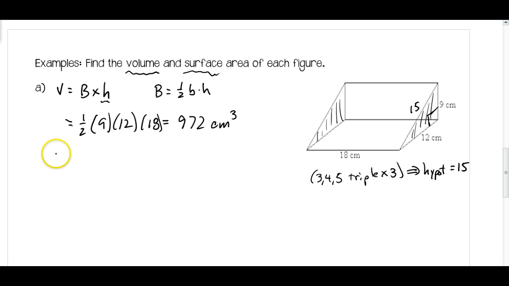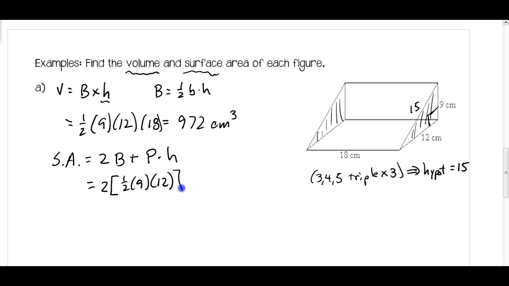So then our surface area is going to be 2 times the area of the base, because we have a base on the left and a base on the right, plus the lateral surface, which we talked about, the shortcut for that is to do the perimeter of the base times the height. So we're going to have 2 times 1/2 times 9 times 12.